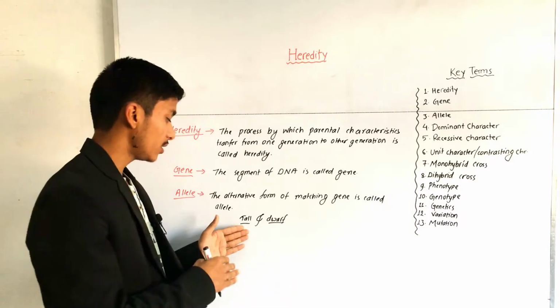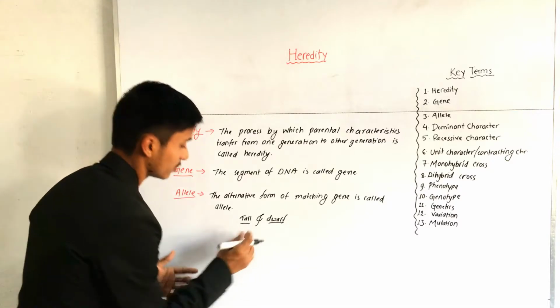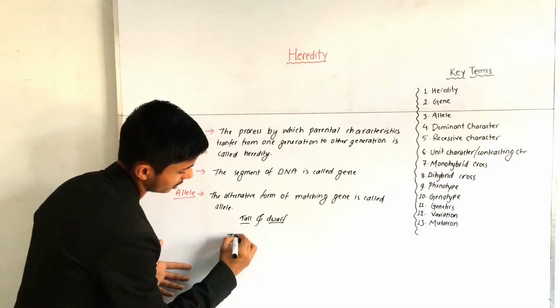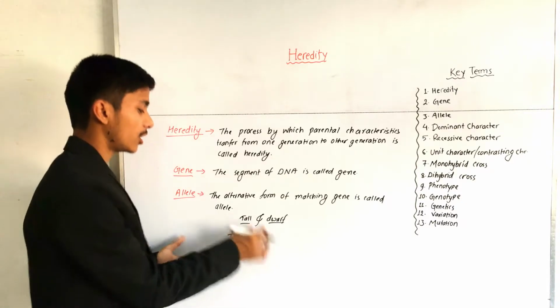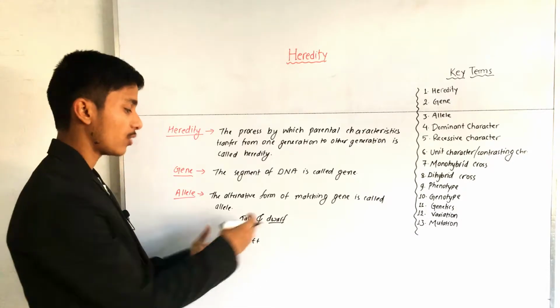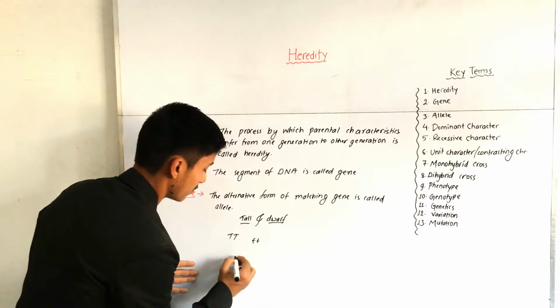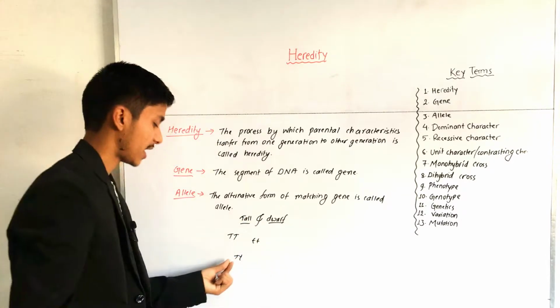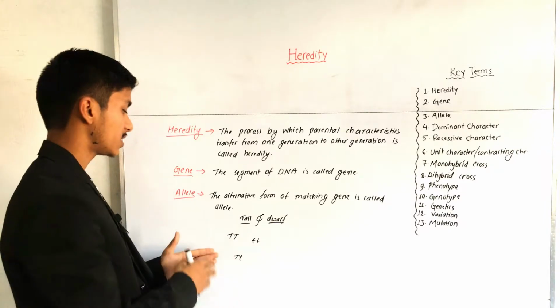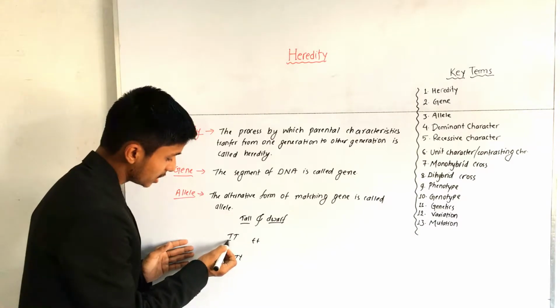Here capital T means tall, and small t means dwarf. Capital T, small t: one tall, one dwarf. This single one is called allele.